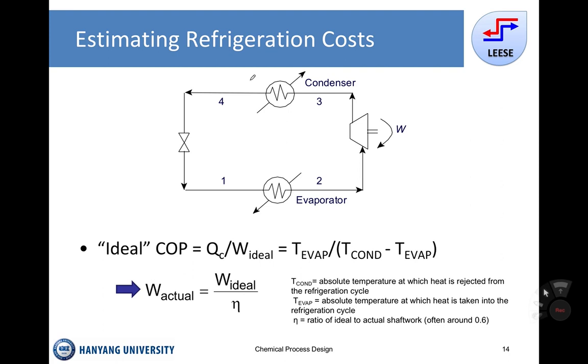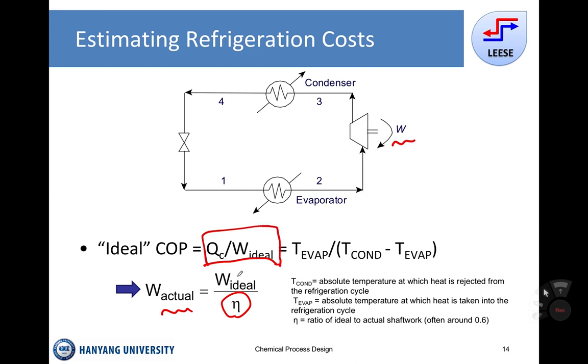So ideal COP is given by QC over W, where W is the power requirement. The subscript ideal means the ideal power requirement. But the actual power requirement should be based on the efficiency, so that is taken as the efficiency value. So these are the equations.